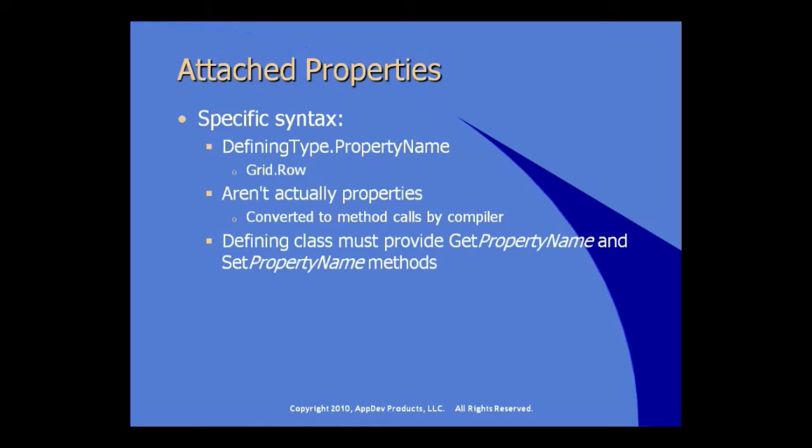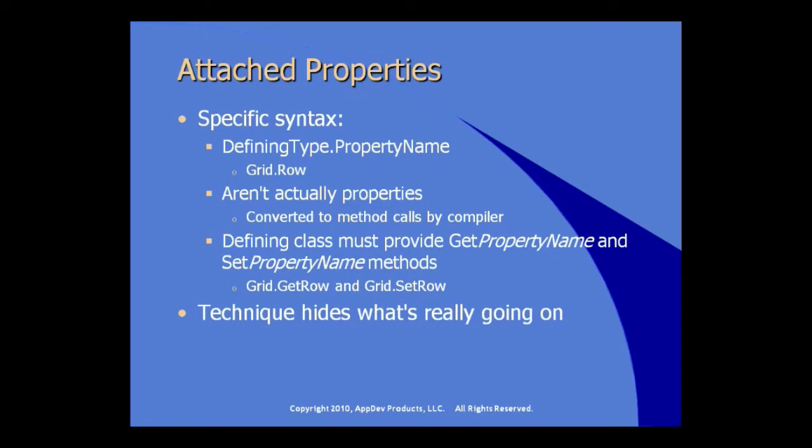So when you use the grid.row property, the compiler converts it to a method call to get or set the row property on the grid. So the grid must supply a grid.getRow and grid.setRow method to get and set the value of those properties for the particular child control. This technique hides what's really going on. You're calling a method in the defining class when you use the grid.row or grid.column property.